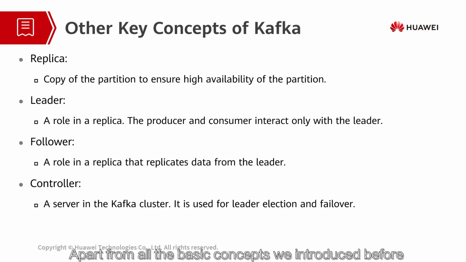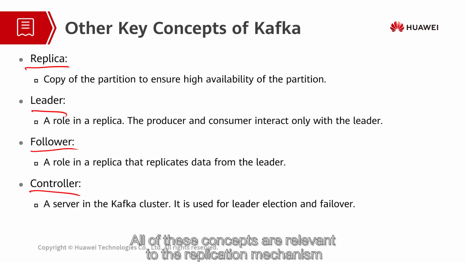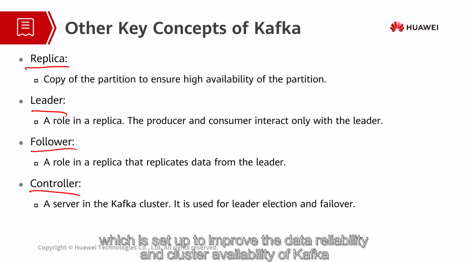Apart from all the basic concepts we introduced before, there are also some other important ones like replica, leader and follower, and the controller. All of these concepts are relevant to the replication mechanism, which is set up to improve the data reliability and cluster availability of Kafka.